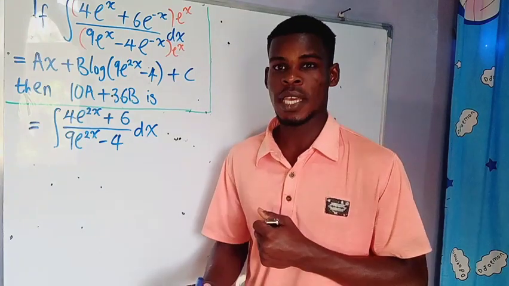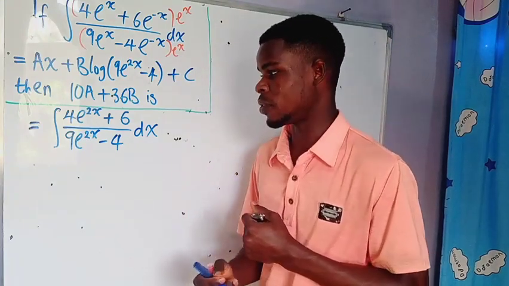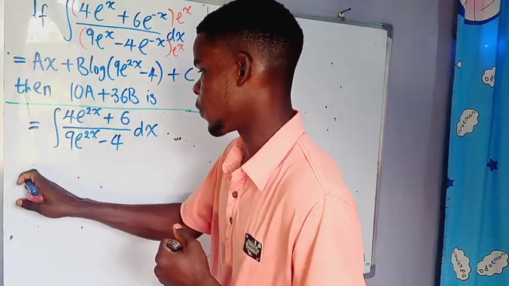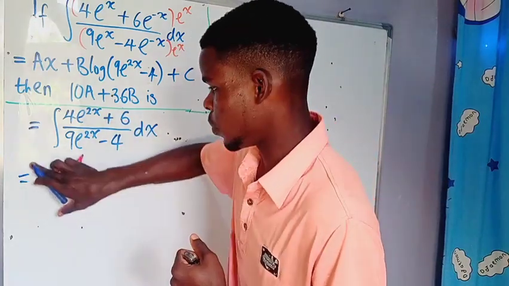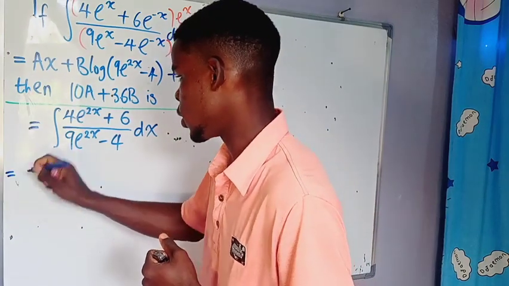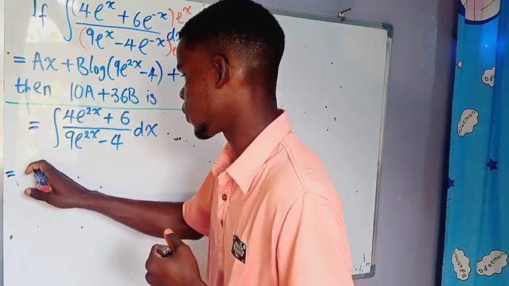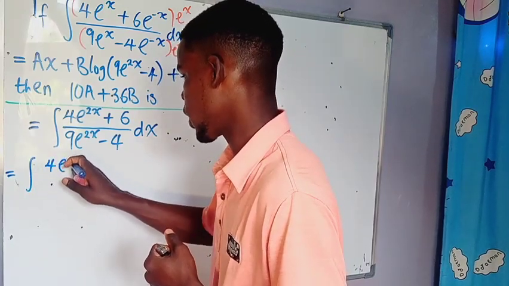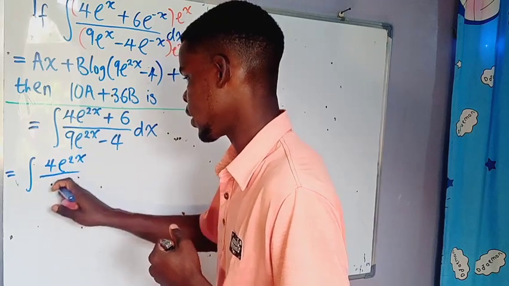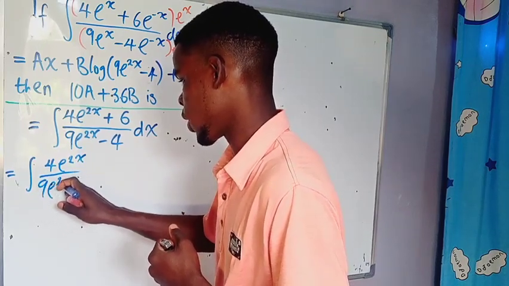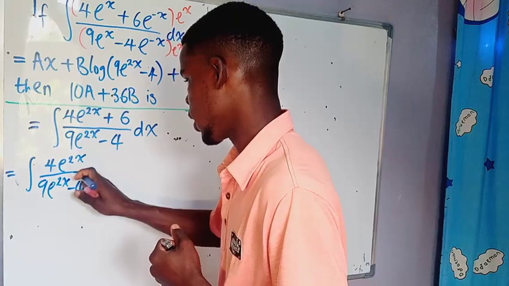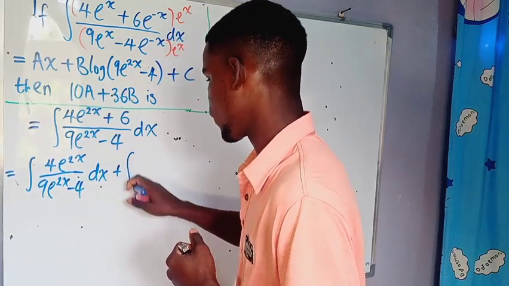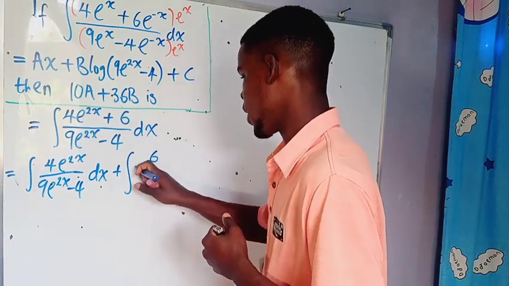From here I can decide to split the fraction, given that we have a sum of terms at the top. When we split the fraction, this is going to be the integral of the first part, which is 4e^(2x) divided by (9e^(2x) - 4) dx, plus the integral of 6 divided by the same denominator.